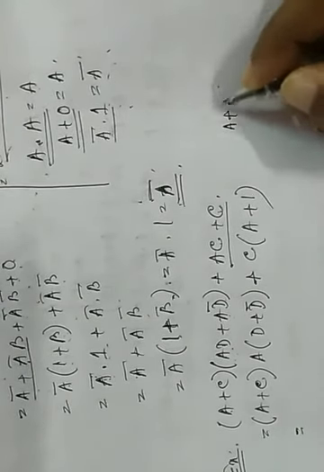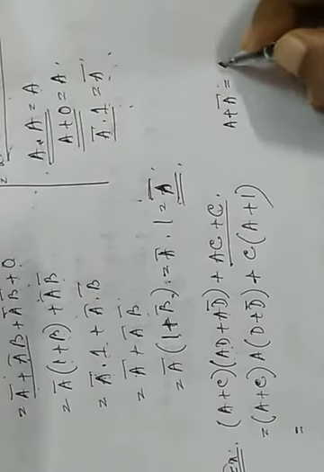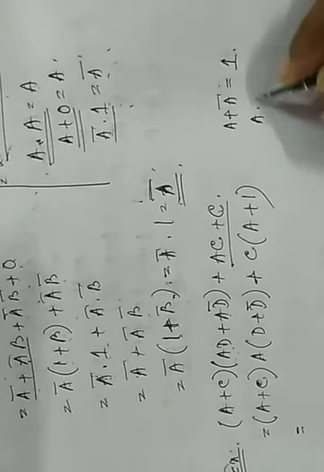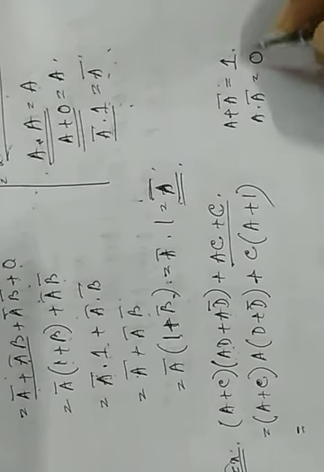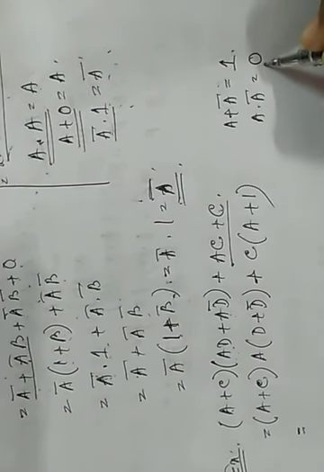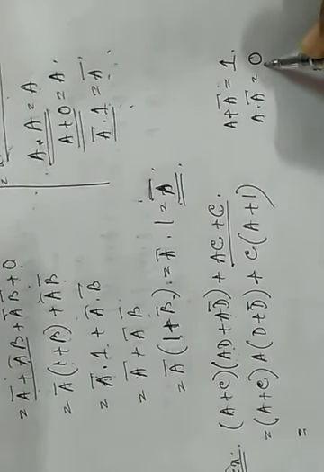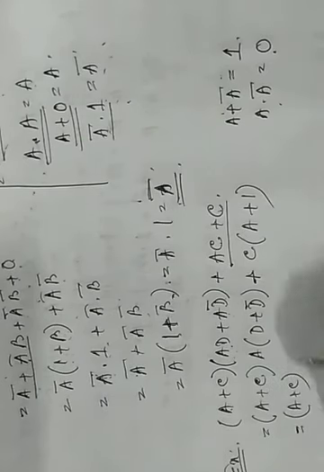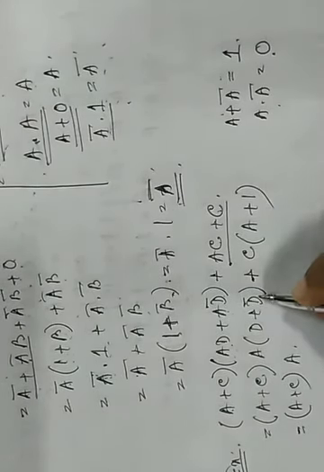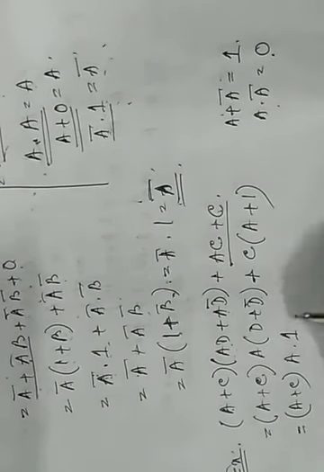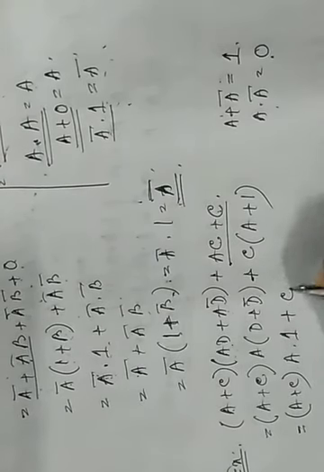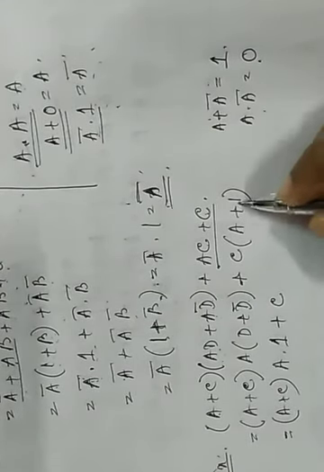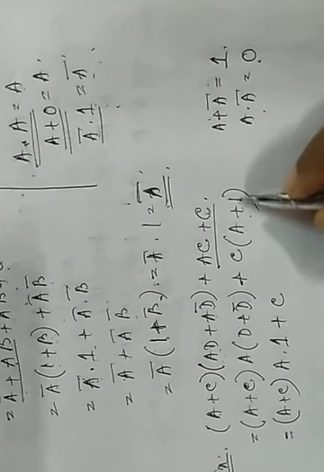Now a plus a bar equals 1 and a dot a bar equals 0, the dual of this. I have stated in the previous example, you have to remember this one. This is very important in simplifying. So d plus d bar means 1, again c plus a plus 1. Anything OR operation with 1 is 1.